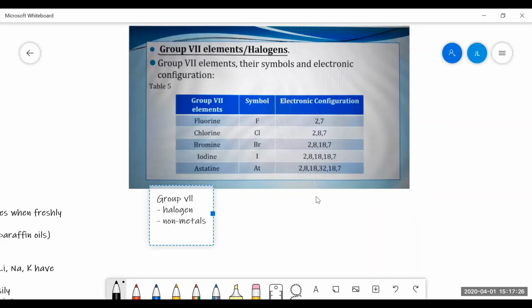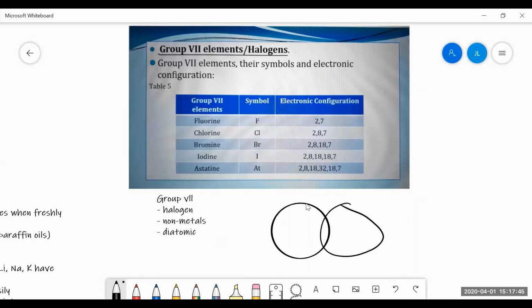These elements are diatomic. They also exist in the form of diatomic. What is diatomic? Of 2 atoms each. So an example of diatomic is like this, where they share, that is 2, right? 1 atom, 2 atoms, diatomic.